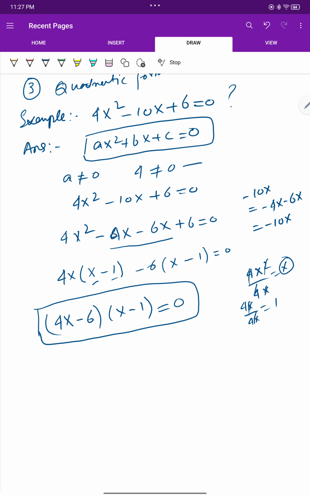We can do it in the next one. You can also check the solution, but let's do it as a practical example in another video.